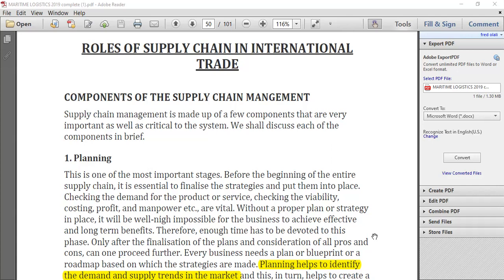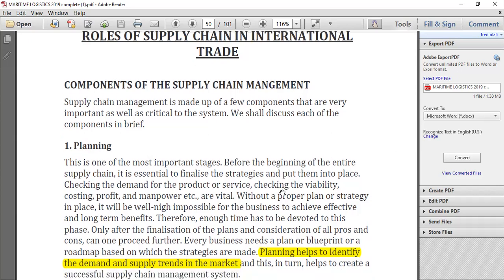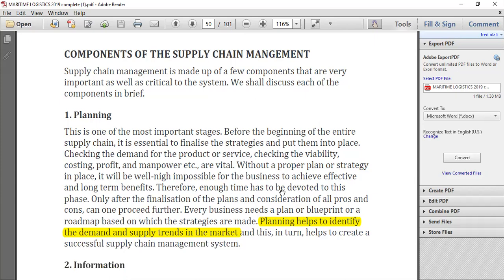It is therefore vital that enough time is devoted to the planning phase. Only after the finalization of the plans and the consideration of all the pros and cons can one proceed further.